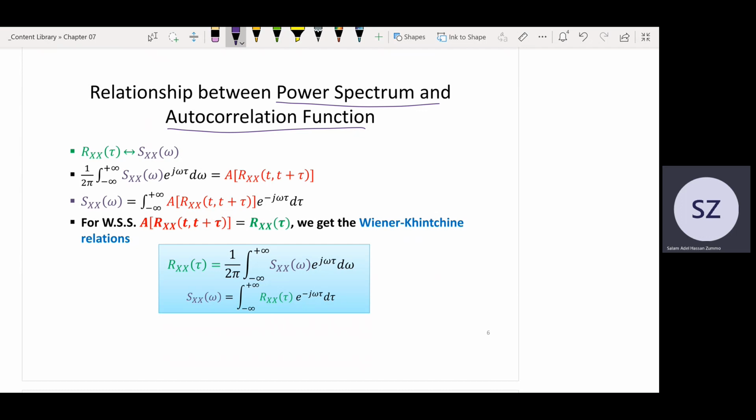It turns out that for wide-sense stationary random processes, the autocorrelation function is the inverse Fourier transform of the power spectral density, and the power spectral density is the Fourier transform of the autocorrelation function.